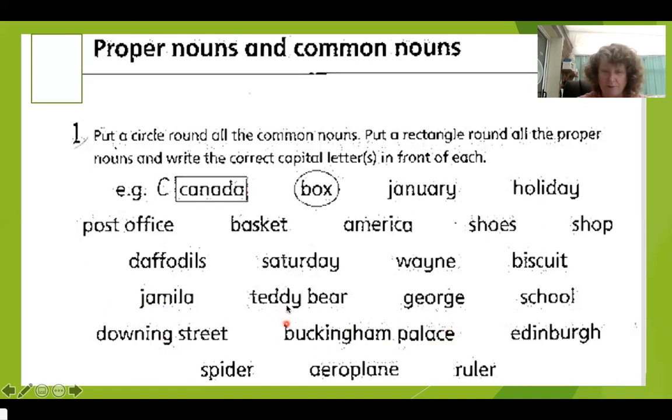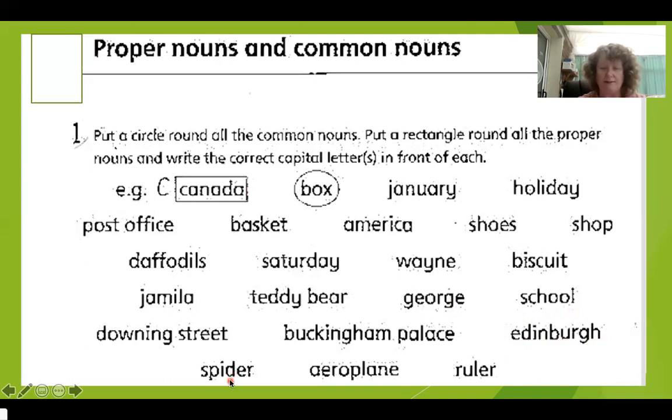That would be a capital B and a capital P, because those are proper nouns. And we have another one, Edinburgh. That's in Scotland. So we would put that in a rectangle with a capital E. That's a proper noun. All of these are proper nouns on this line.